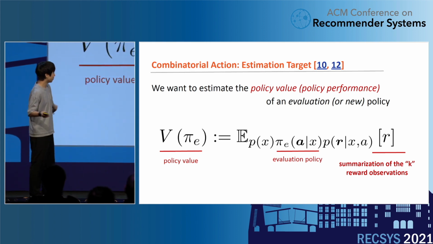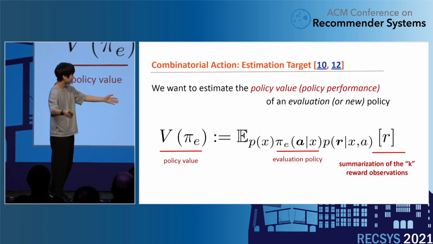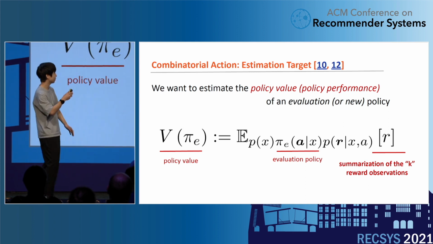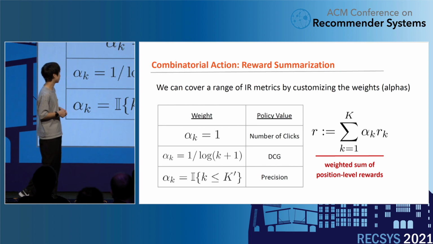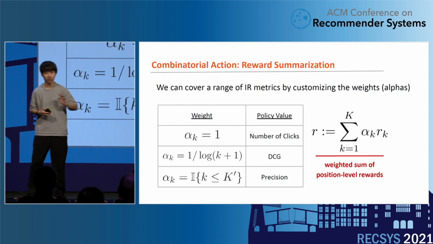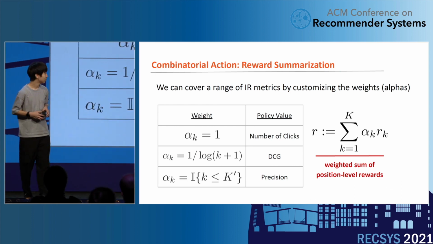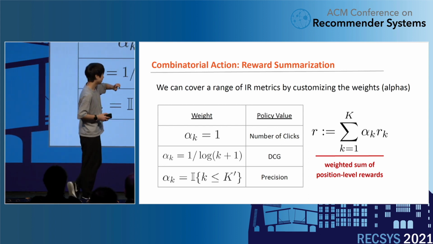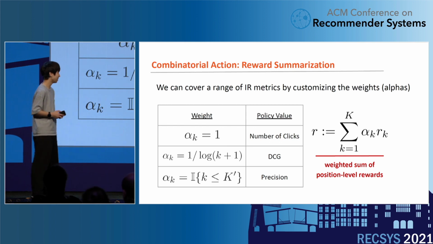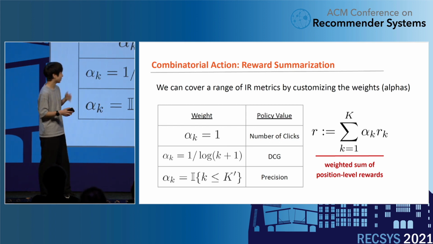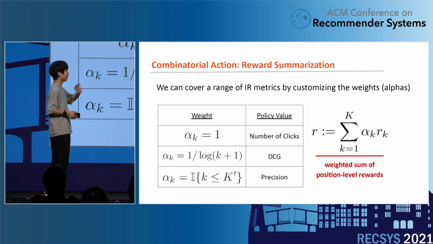And there are some possibilities to summarize the K different reward observations into a single scalar value. I think the most popular, simplest way to do so is the weighted sum of position-level rewards. So Rk is the reward observation at a particular position k, and alpha is just a design parameter. We can define the weight as we like.